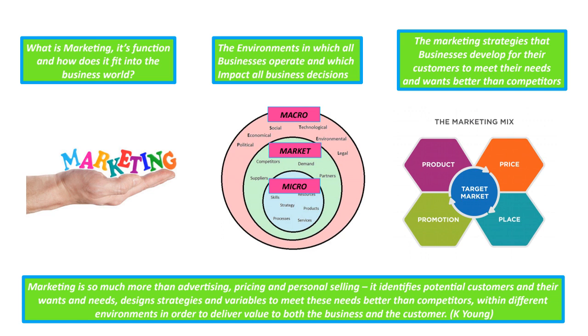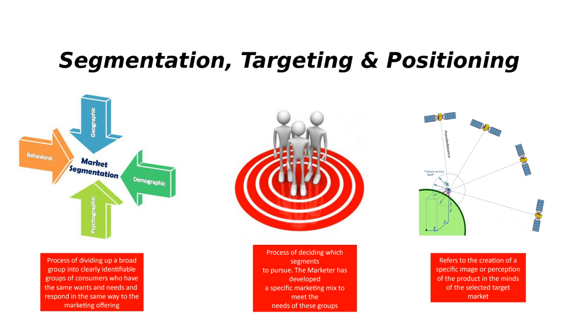So we look at 3 very important elements, and I'll flesh out each element, but I wanted to give you one slide that gives you a synopsis of these 3 elements. STP, we call it, and this is what companies do before they develop their marketing strategy. The first element is that they start grouping people. Segmentation means dividing people into groups, and these groups of people have common wants and needs.